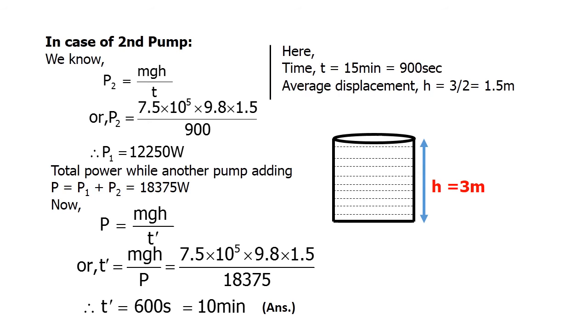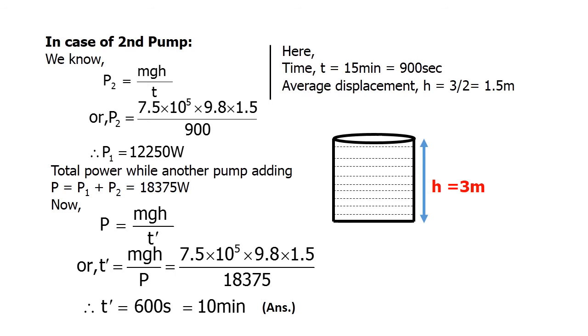Now we have to calculate the time. So we have the total mass, the average displacement of water and the total power. If we apply the formula of power P equals mgh by T prime, in that case we have to calculate T prime. If we change the position of T prime with P, then we can write T prime equals mgh by P. Putting the values of mgh and P, we'll get the time as 600 seconds.